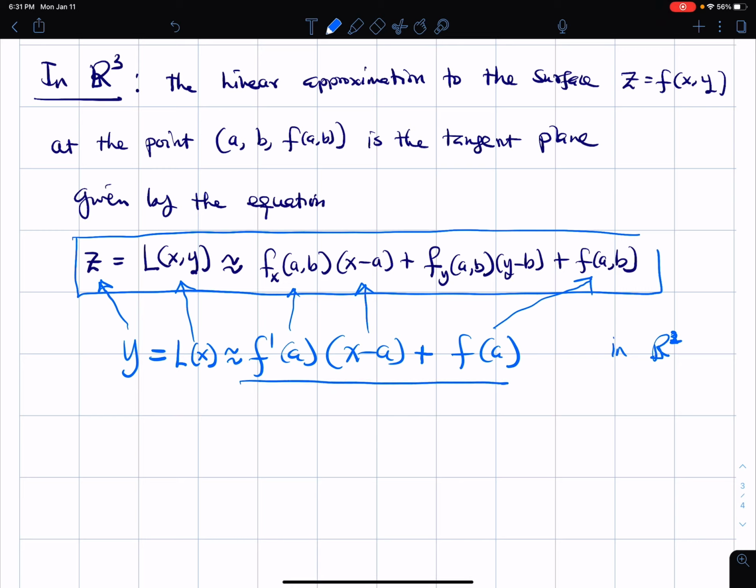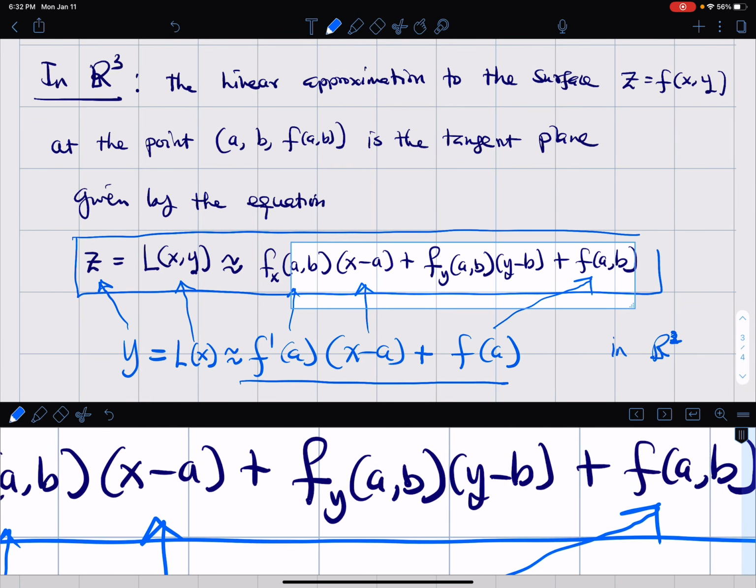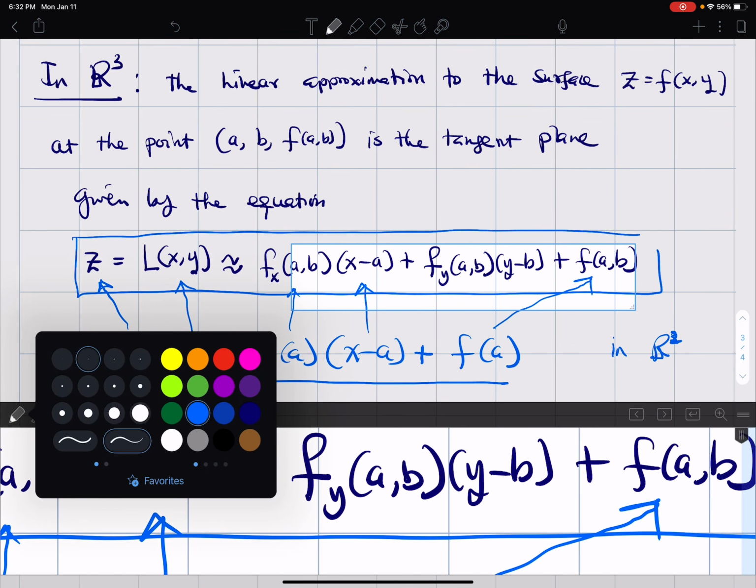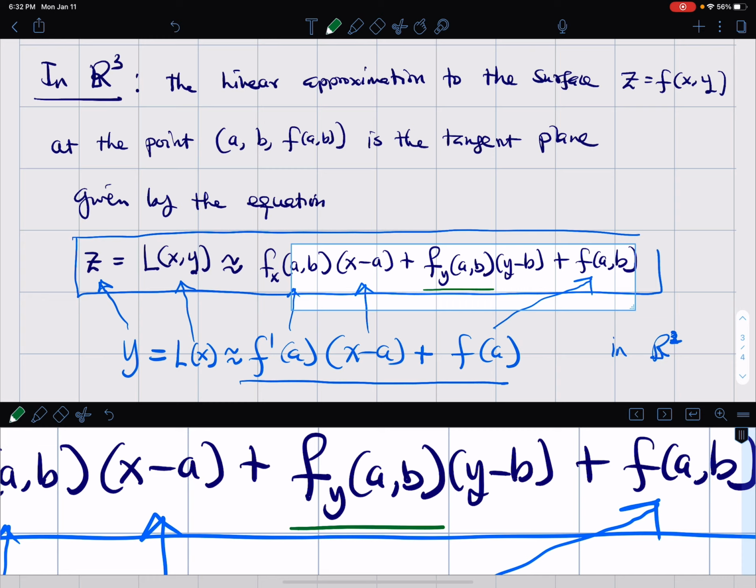So we're saying now that in 3D, we can find the equation of the tangent plane and use it as the linearization of a function at a point (a, b, f of ab), right? It's just an extension, and what makes it an extension is that we're just adding an extra component because we're in 3D, right?